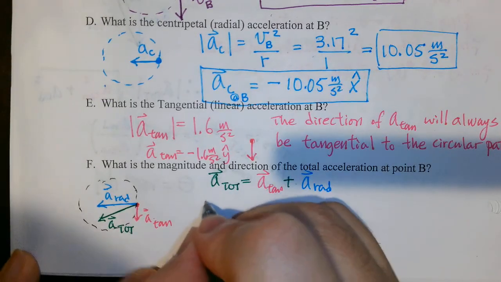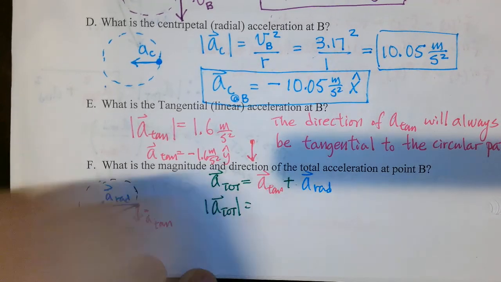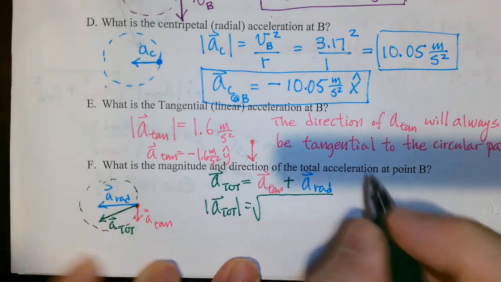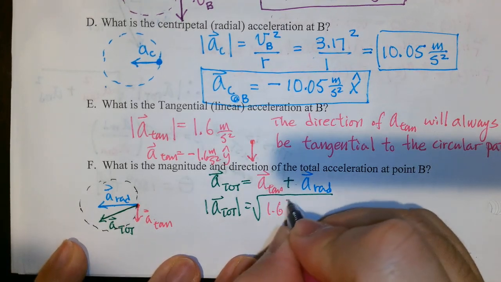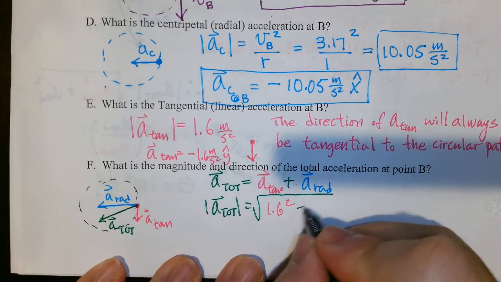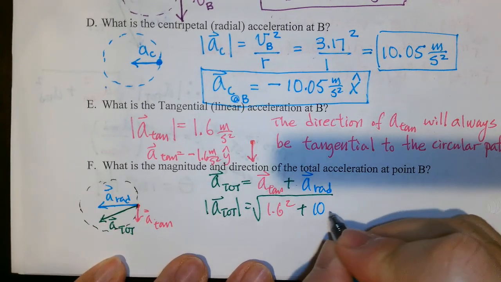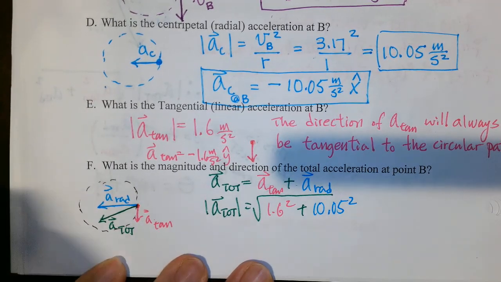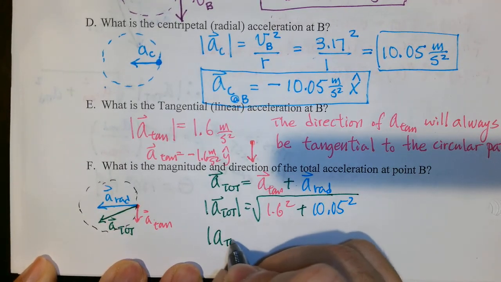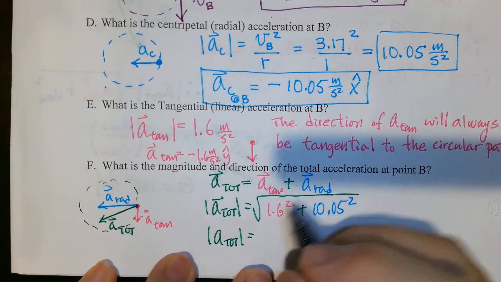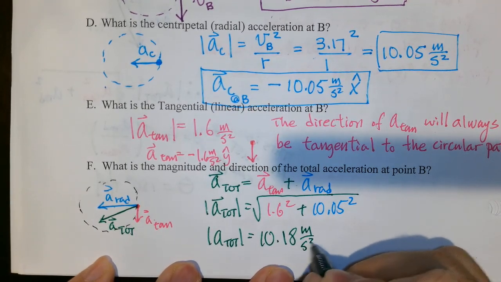Therefore, the magnitude of A total is equal to the square root of 1.6 squared plus 10.05 squared. So the magnitude of A total is equal to 10.18 meters per second squared.